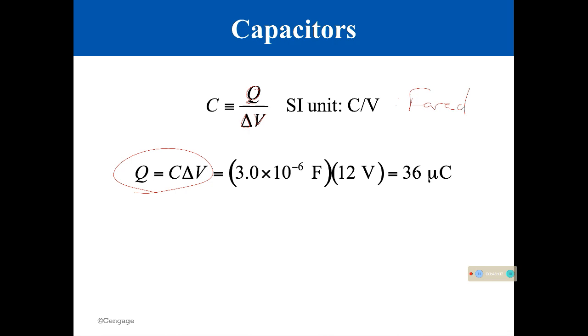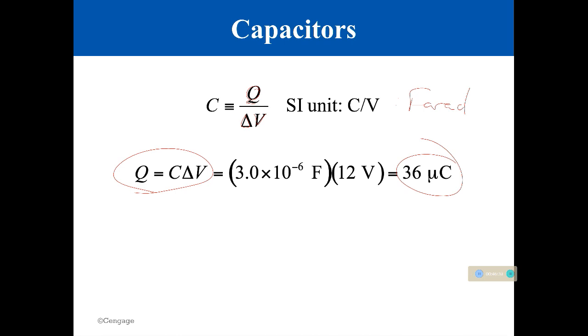It's almost always micro. If you see a milli, they're gigantic, they're ridiculous. But if I say 3 microfarad, what I'm saying is that that capacitor for 1 volt stores 3 microcoulombs. So if I have 12 volts, multiply by 12, I can store 36 microcoulombs on that particular capacitor.